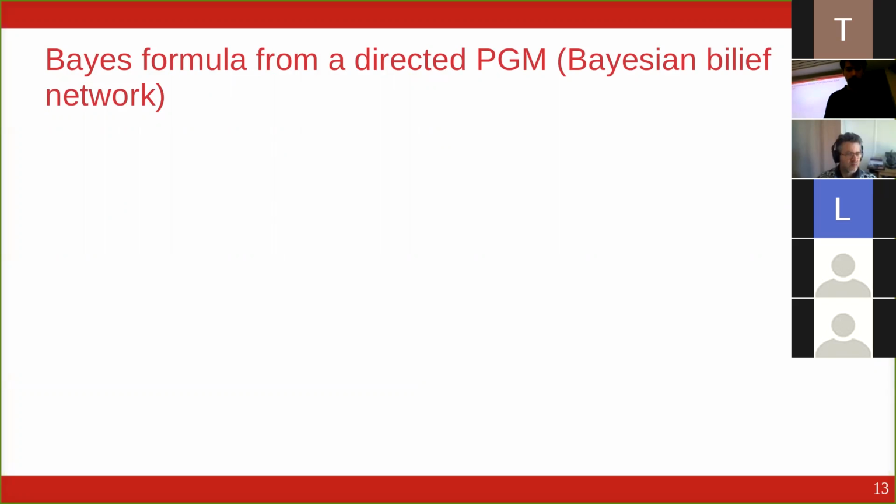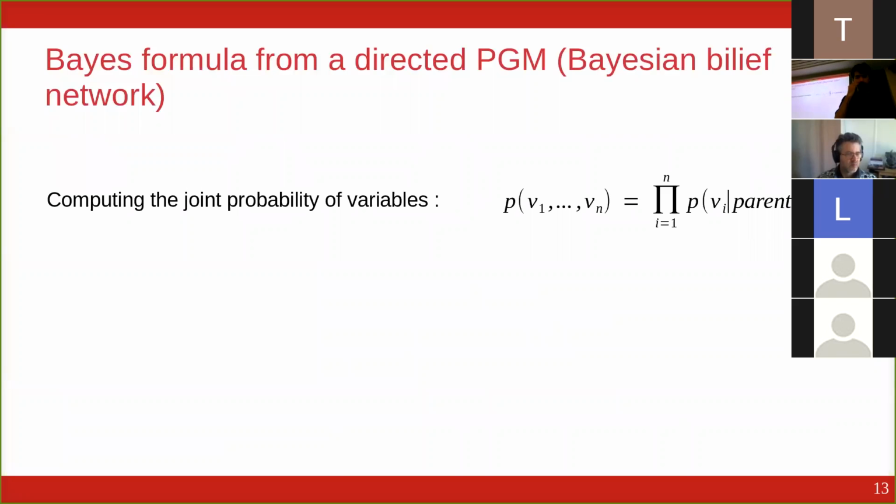So first, you can compute the joint probability of all variables using the fact that the graph is directed. You can just make the product of the probability of each variable, knowing its parents. And it means you just have to define those probabilities for each variable, knowing its parents.